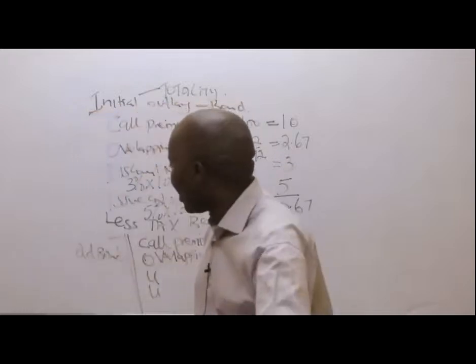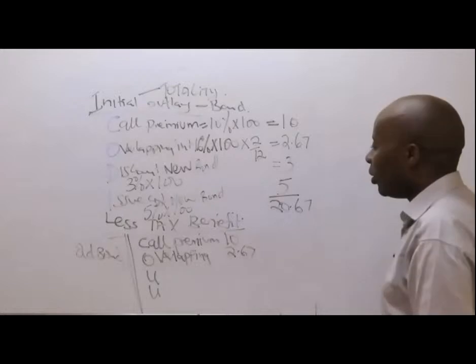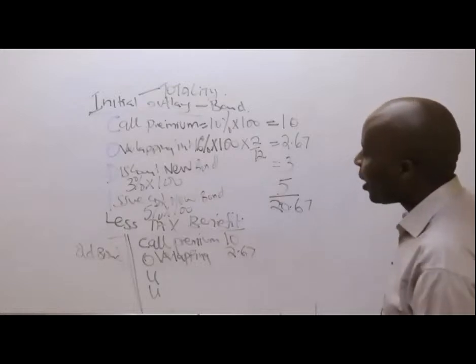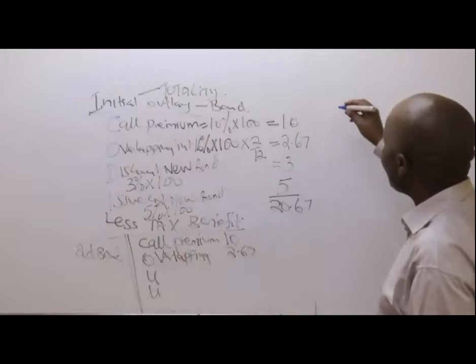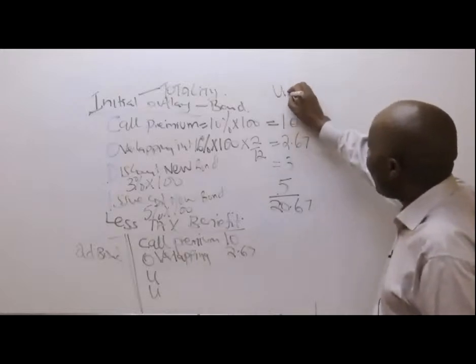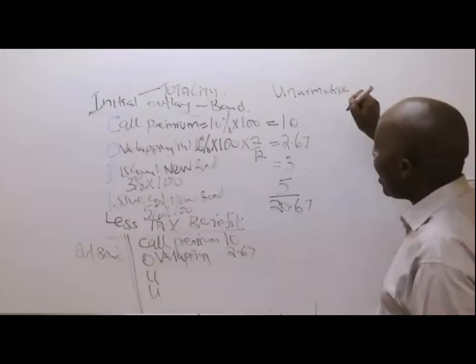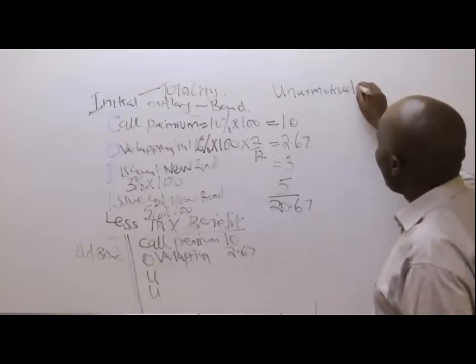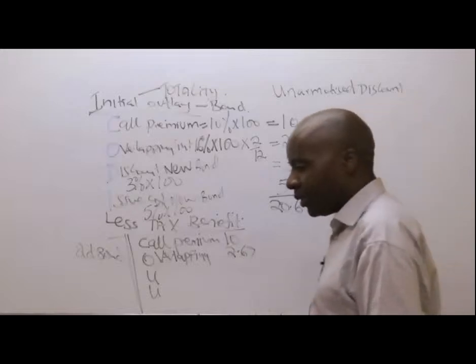So, ladies and gentlemen, please bear with me here. I would want us to get the unamortized discount. I would want to see whether there is any student who will be able to give me this figure correctly.